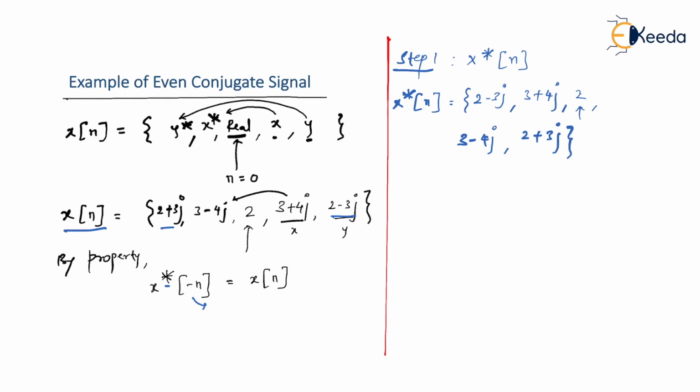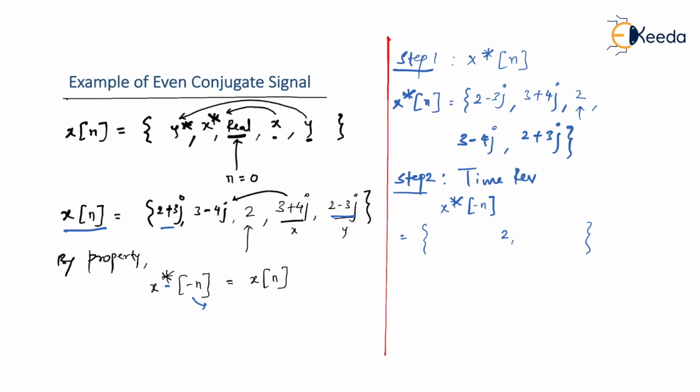Now step 2, we will apply the time reversal property. After applying the time reversal property, I need to write x conjugate of minus n. So now we have x conjugate of n, for which we have to write x conjugate of minus n. So we have to apply the time reversal property. The n equal to 0 component will remain the same.